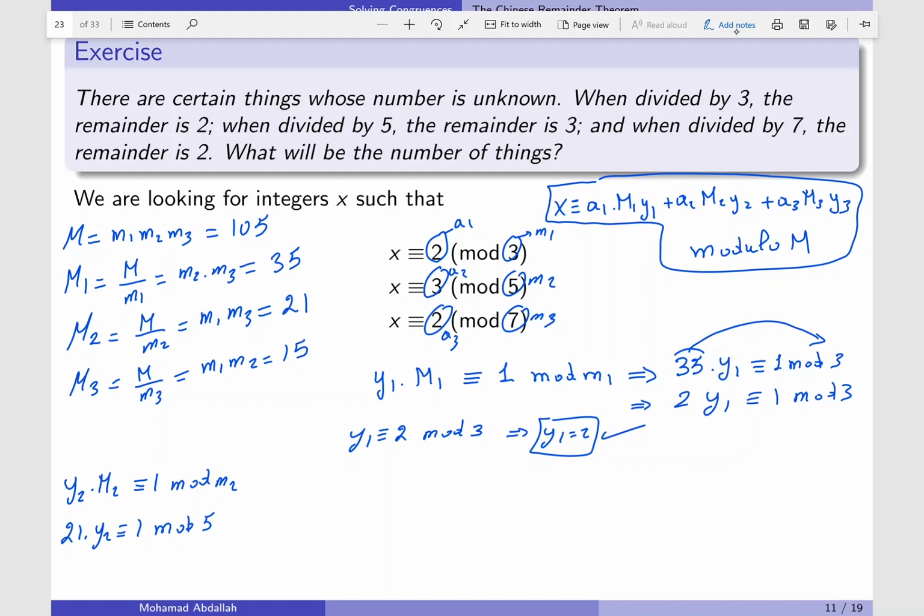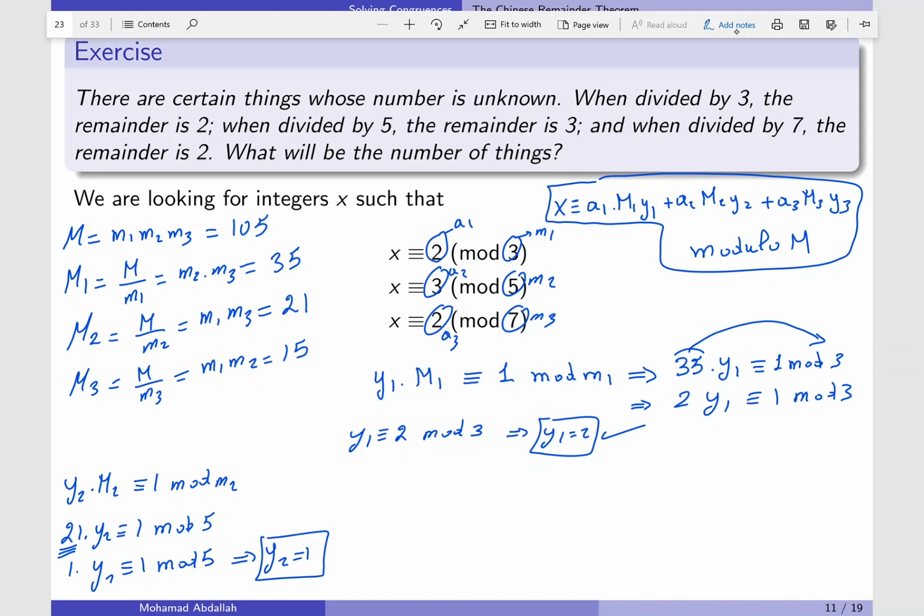Now here actually we're kind of lucky, because when I reduce 21 mod 5, that's going to be 1. So y2 is congruent to 1 mod 5, so y2 is equal to 1. Always you choose the smallest positive number.